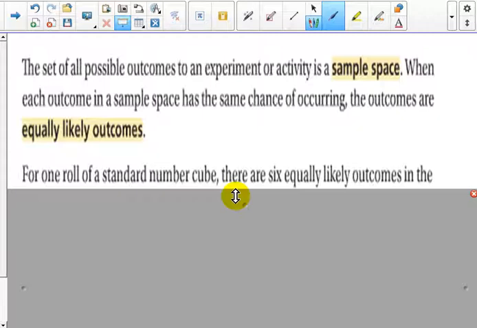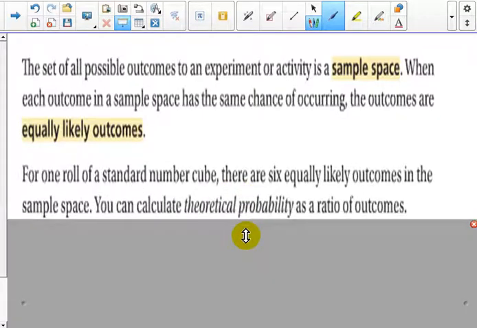It has 6 sides, 1 through 6, dots on it. So for one roll of a standard number cube, there are 6 equally likely outcomes in the sample space. So for a sample space, it has to be equally likely, right? So they're all the same size. So we have the same chance of hitting any of those, right?